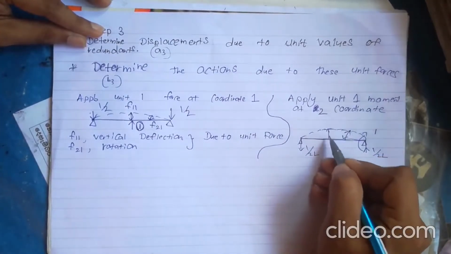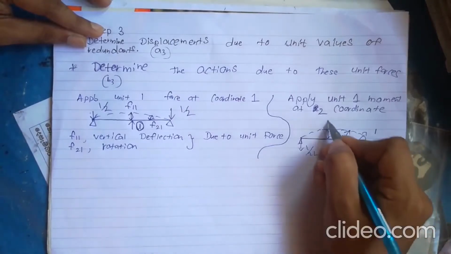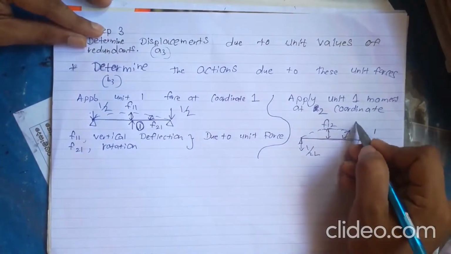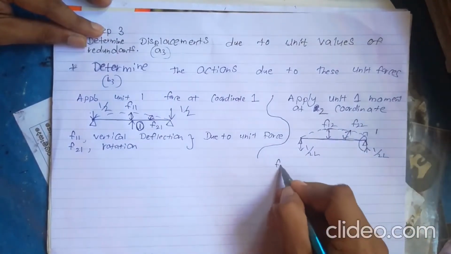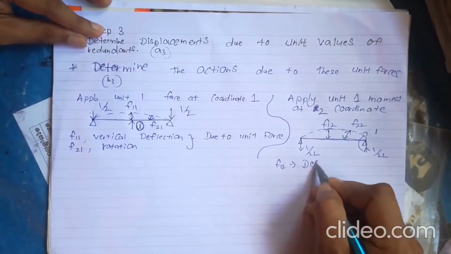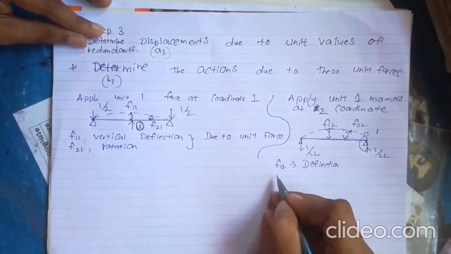F12 is the deflection due to unit 1 moment at coordinate 2 representing R2, and F22 is the rotation due to the same 1.